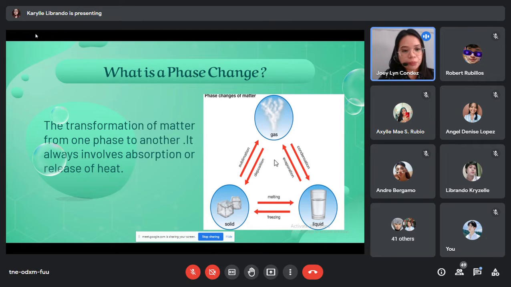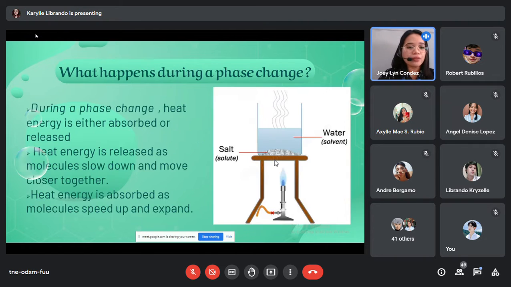So it always involves absorption and release of heat. Okay, so we have here some examples, no? Like heating of salt solution. So what kind of phase change happened in this picture?